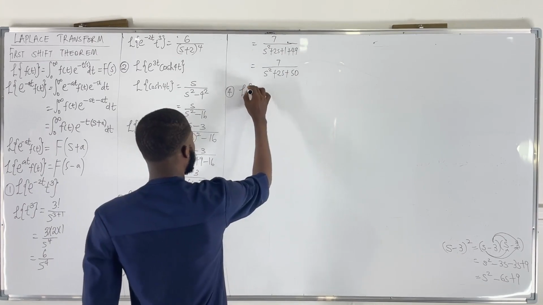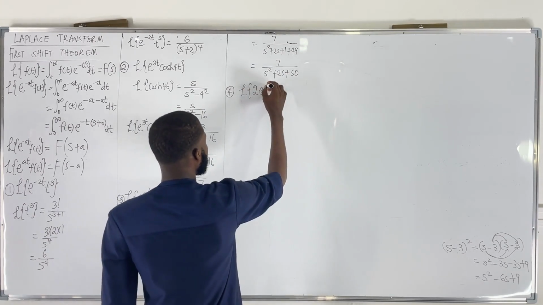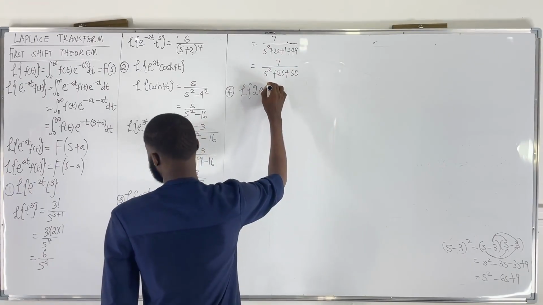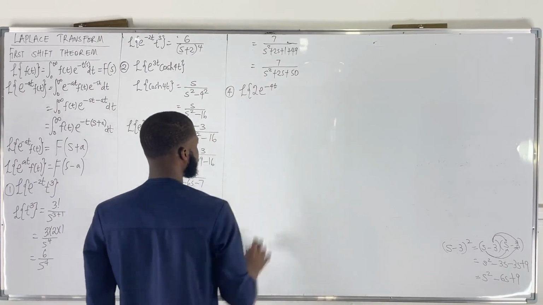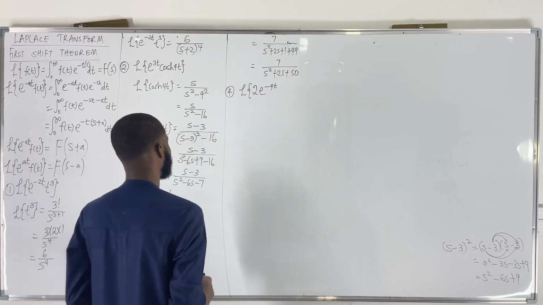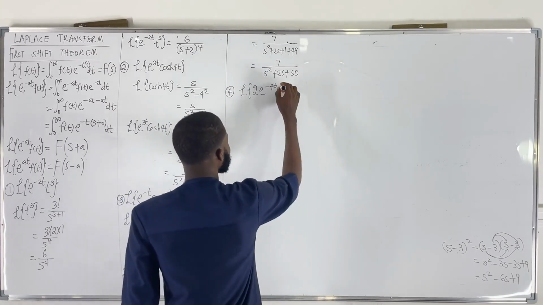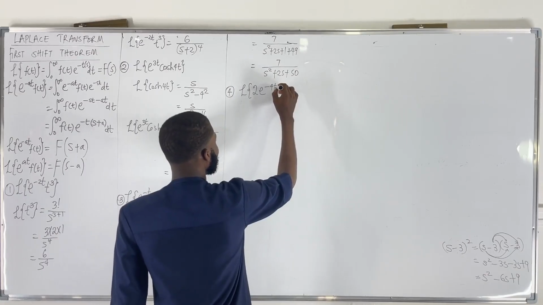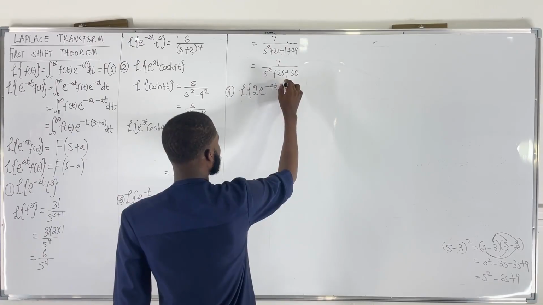The Laplace transform of 2, then we have e to negative, let's say 4t, then, which of them should I give now? Okay, let me still use t, t to the power of 2.